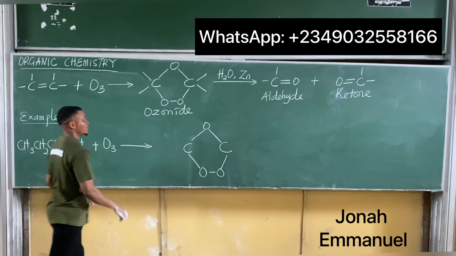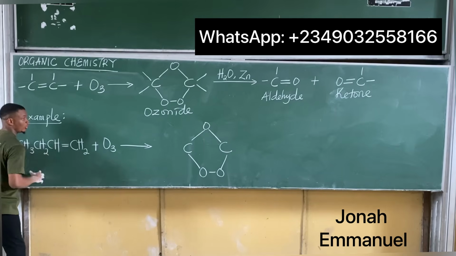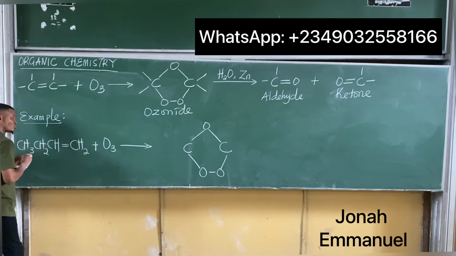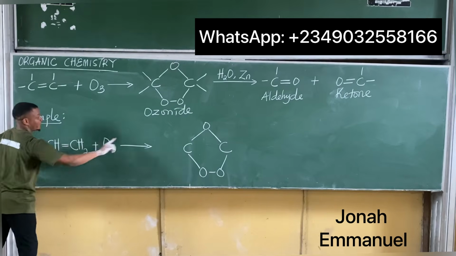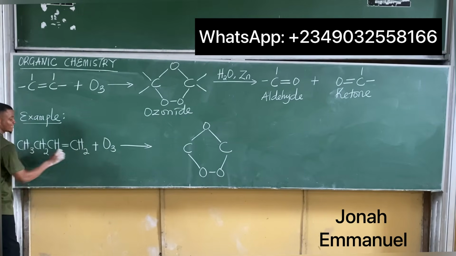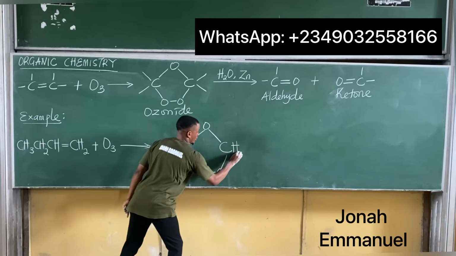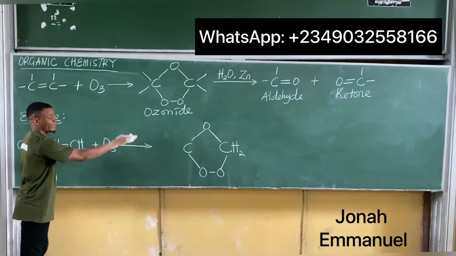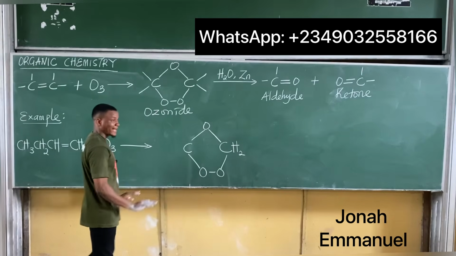Now listen. This is how the ozonide is formed. When you have your double bond, it will break off into two. The left side will take this part here, the right side will take the other part there. In other words, if this breaks, CH2 will appear here to become CH2. That one is balanced. It will automatically balance.